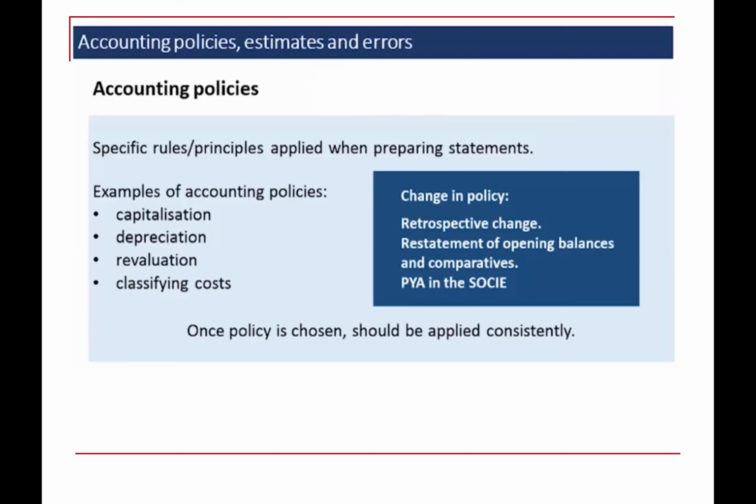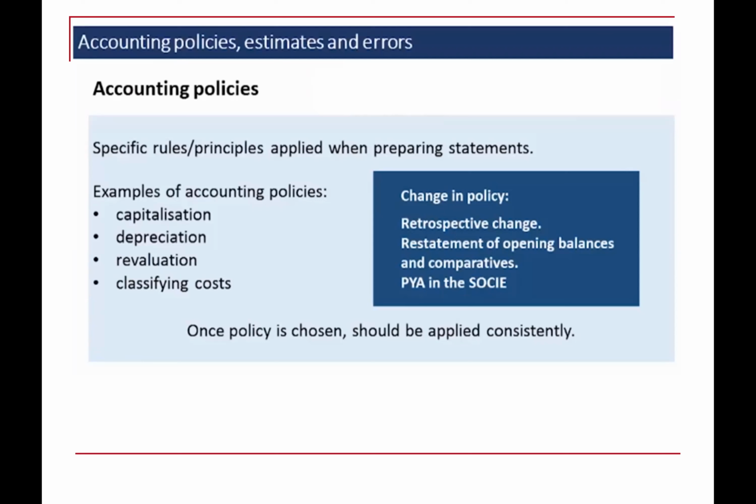Then, when you change an accounting policy, you need to restate opening balances. All right, so for example, if you charge depreciation in the current year, but you did not charge depreciation in the previous year. We said for comparability purposes, we need to apply it retrospectively.